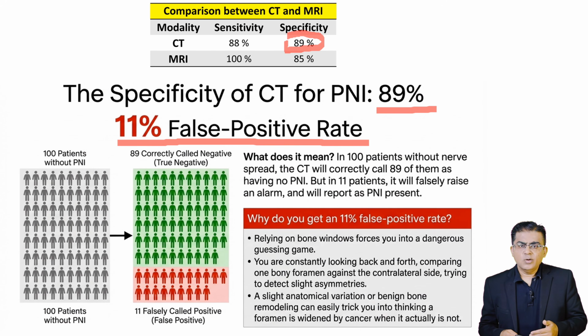Because if you are only looking at bone windows in CT scan, you are forced into a dangerous guessing game. You are constantly looking back and forth, comparing one bony foramen against the contralateral side, trying to detect slight asymmetries. A slight anatomical variation or benign bone remodeling can easily trick you into thinking a foramen is widened by cancer, when it is actually not.